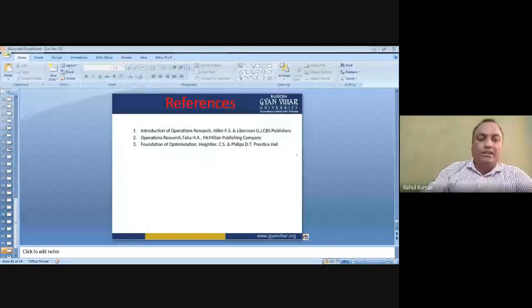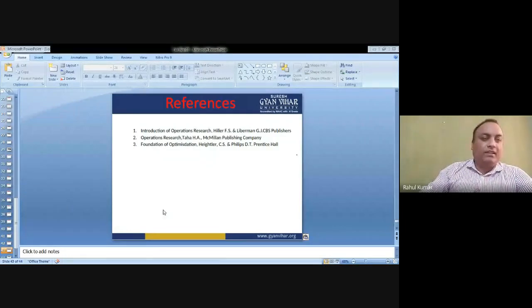These are some reference books for this chapter of simplex method.